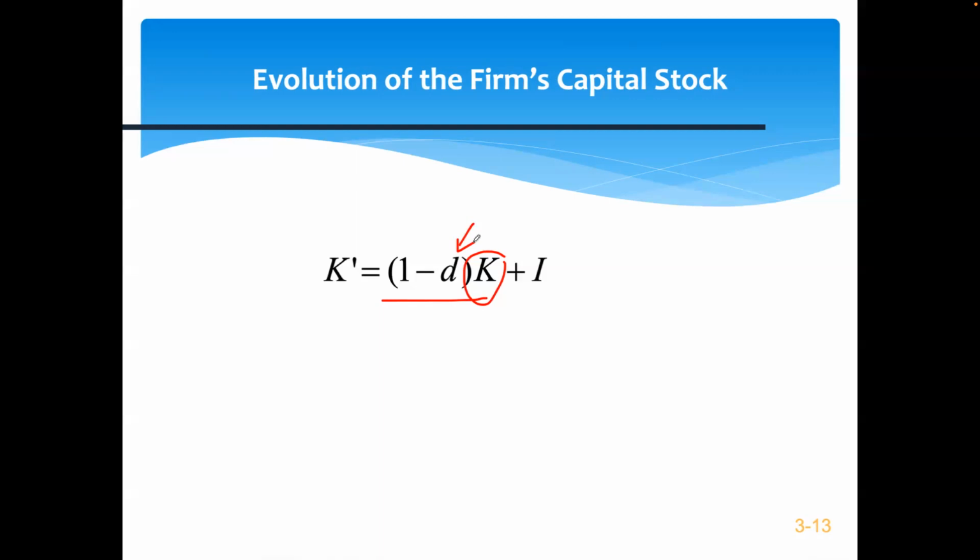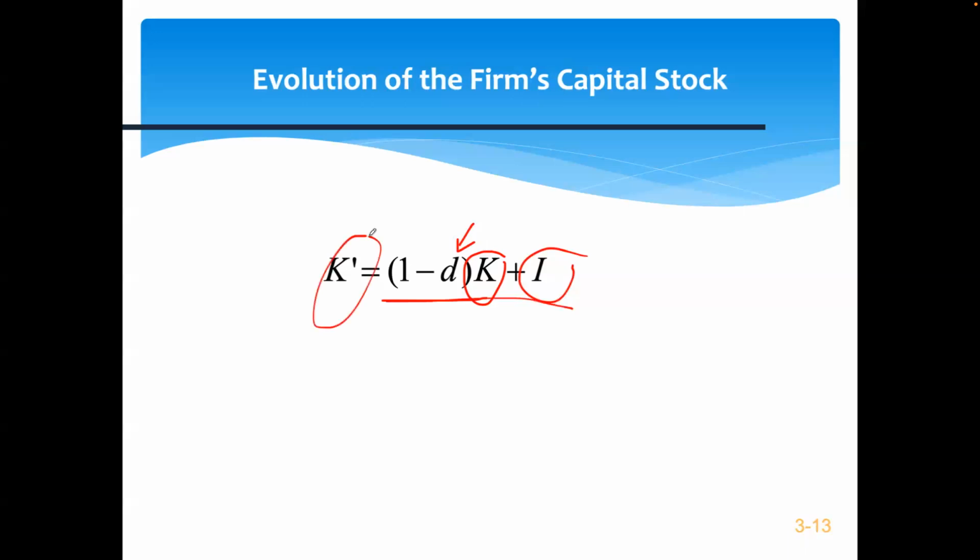Now there's a second term, I, which is investment. What is investment? Basically you just add more capital. Like in business, you expand, right? You expand your factories, you acquire more computers, cars, machineries. So these two things together determine the level of capital you're going to have in your business in the future period.